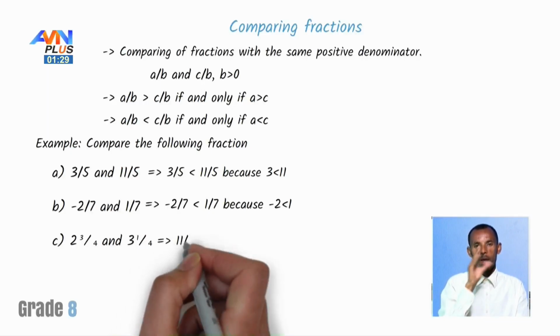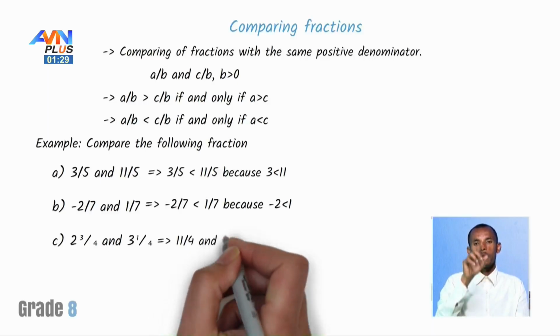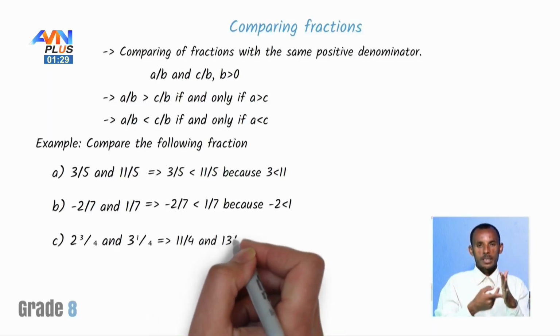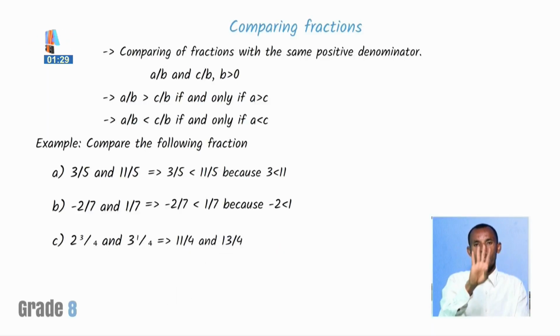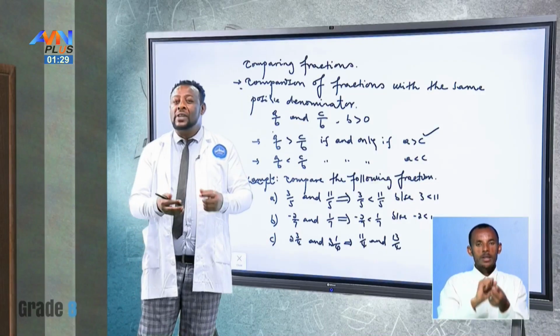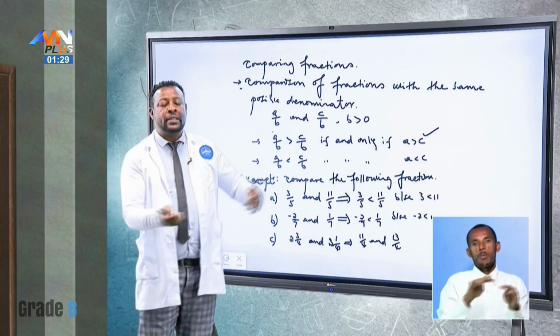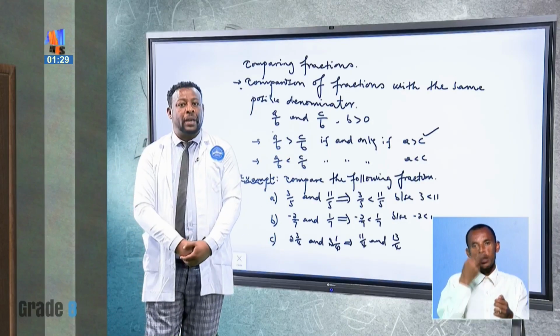And the second mixed fraction, 3 and 1 over 4, is 13 over 4. Okay, students, we have seen how to convert mixed fractions into improper and vice versa. This was what we have seen in the first period.